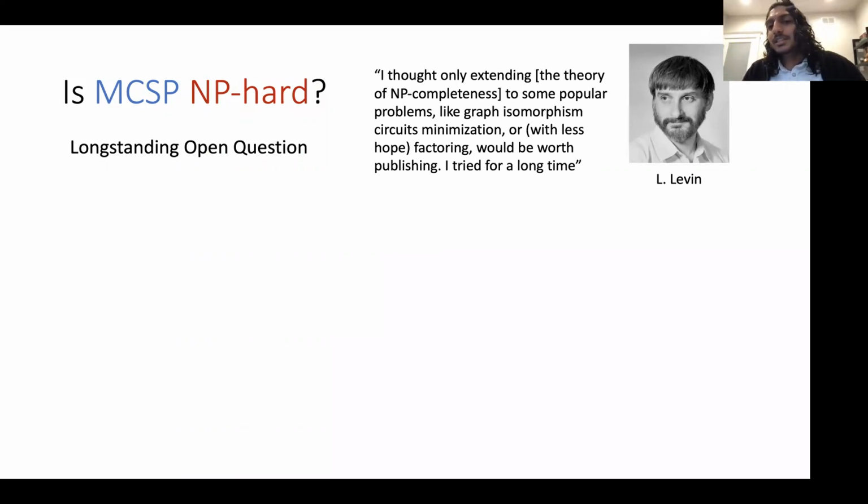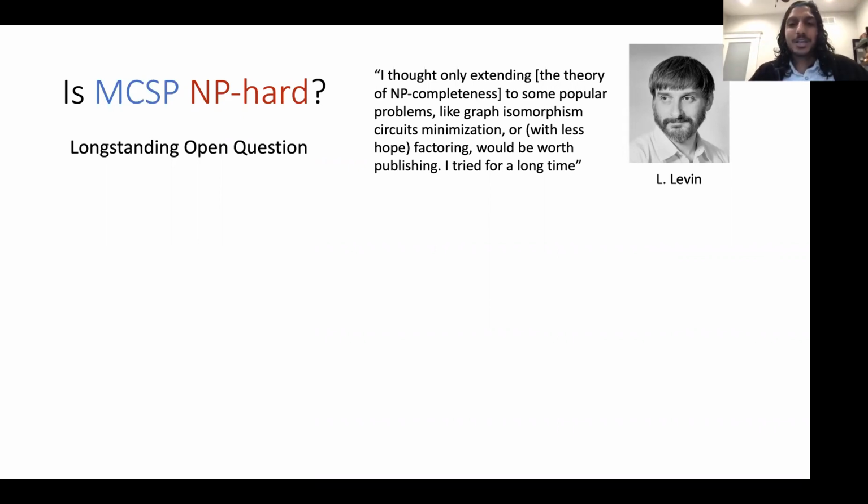He didn't find the theory of NP completeness so interesting at first. He said, I thought only extending the theory of NP completeness to some popular problems like graph isomorphism, circuit minimization, or factoring would be worth publishing. I tried for a long time.